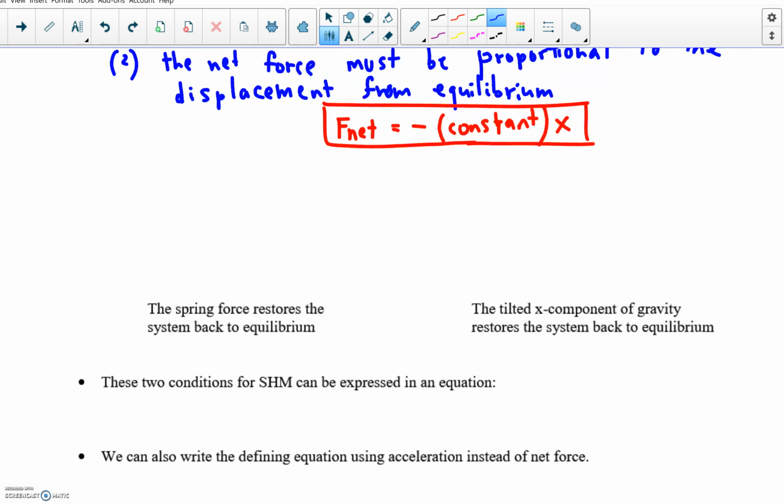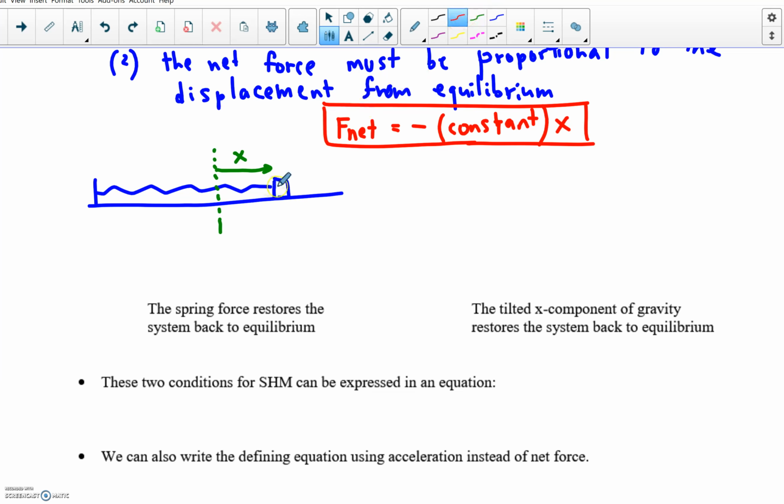So, is it true? Does the spring force actually satisfy this equation? Well, let's look and see. Let's imagine that the spring is stretched out like this, and it's on a frictionless table. Here's the center position, or the equilibrium as we say. The displacement is to the right.